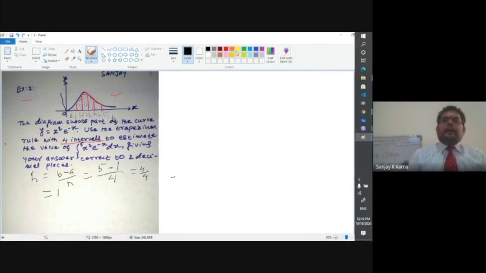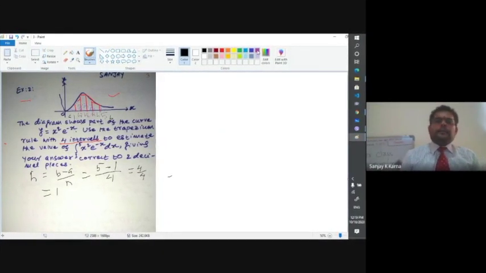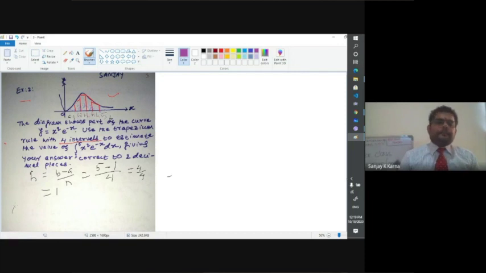And we know the formula for the area under the curve x squared e to the power negative x for values of x from a to b: here it is h by 2, and y1 is the first value and y5 is the last value.